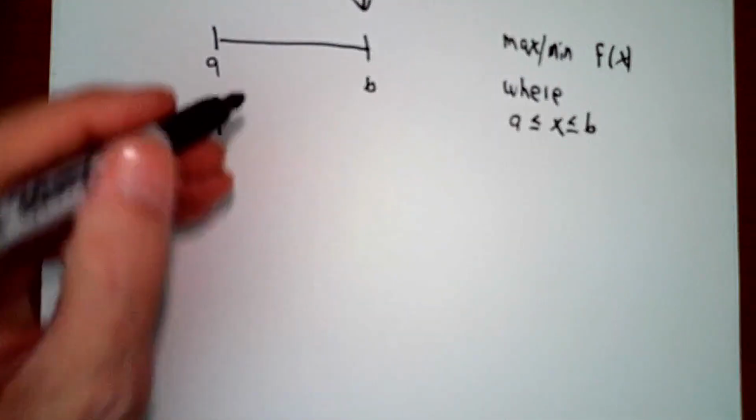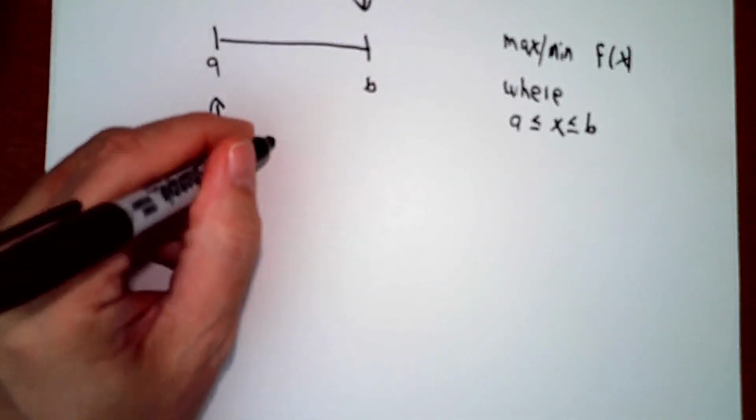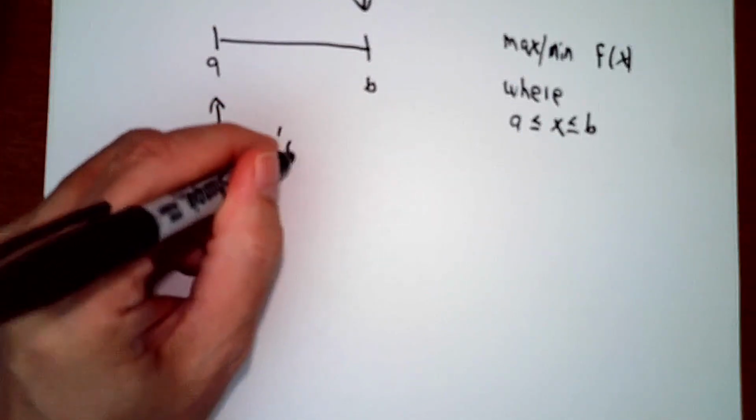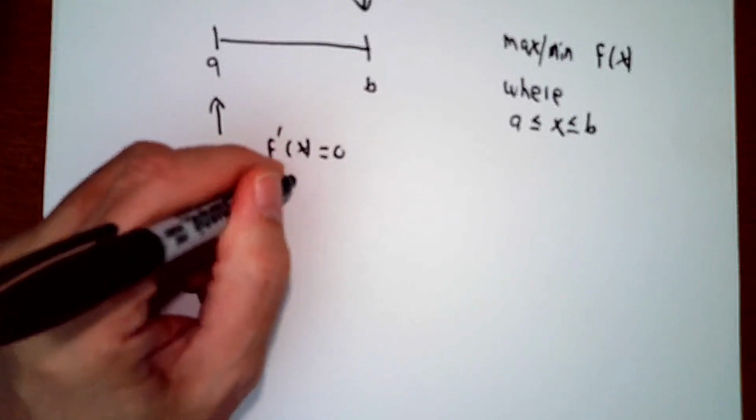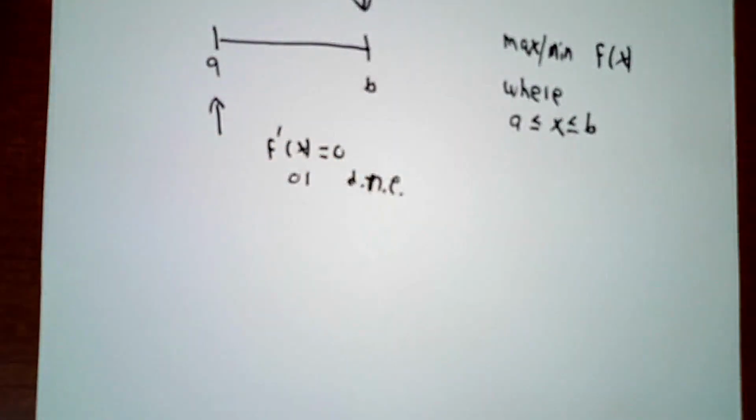We also saw that if you're between a and b, if you can find places where the first derivative is 0 or does not exist, those are also candidates for absolute maximum and minimum values. So you just make a list of all such places, you look at the function values, the biggest one is the absolute max, the smallest one is the absolute min.